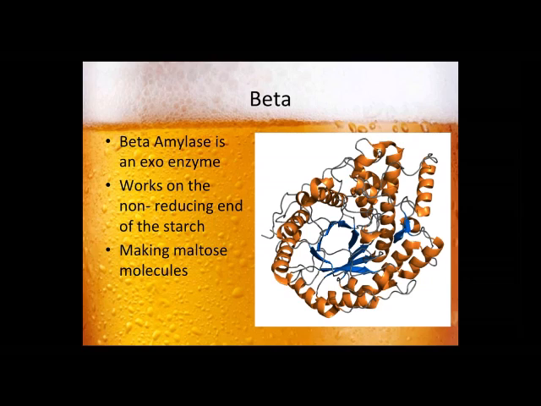It's outside of it, so it works from the outside, exo. And it basically works on the non-reducing end of the starch. This breaks off two glucose molecules, making maltose. So beta amylase nibbles on the ends of these big starch chains and breaks off maltose molecules, which is a highly fermentable sugar.